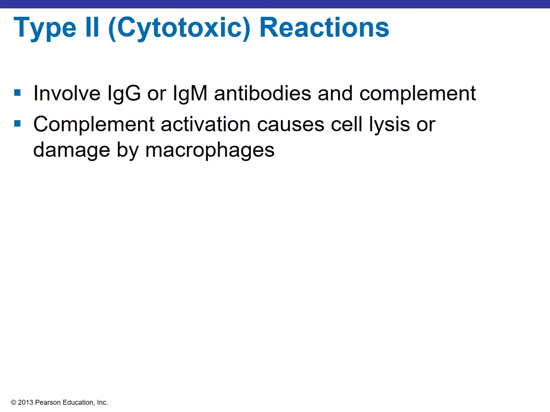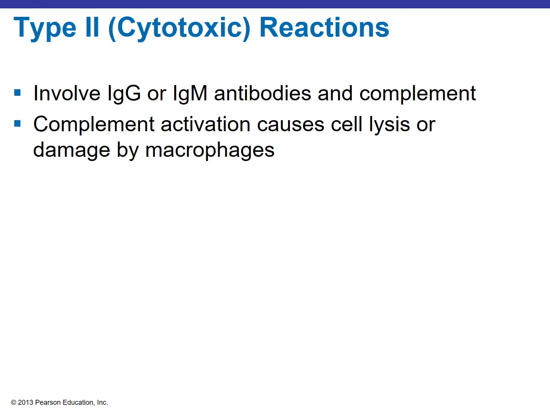So the type 2 reactions are the cytotoxic reactions, and these reactions would occur between 5 to 12 hours after exposure. So these reactions involve IgG and IgM antibodies and complement. All right. So we talked about that right in chapter 16.